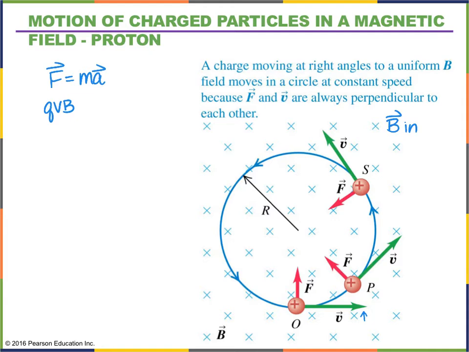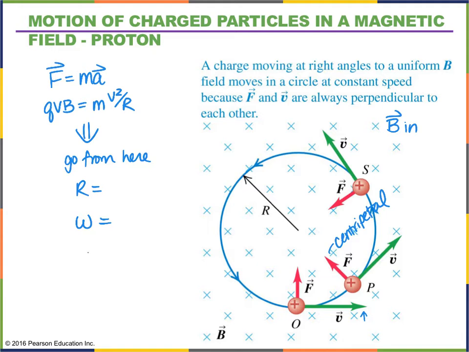So the force is just QVB, and we find that this force ends up acting as a centripetal force, and so we can write the acceleration as centripetal acceleration, v squared over r. And there are different things that we want to find about the motion of this particle moving in a circle. Basically, it ends up going in a circle. We can find the radius of the circle, we can find the angular velocity, etc.